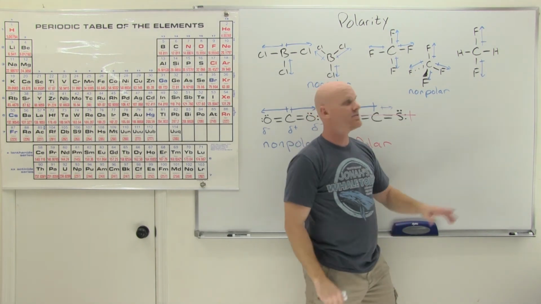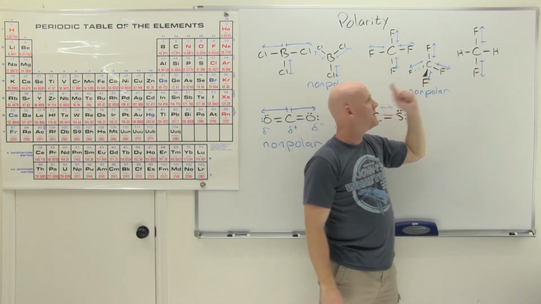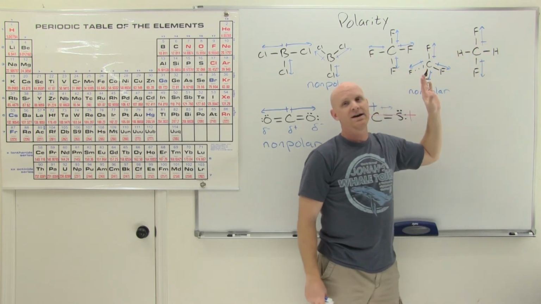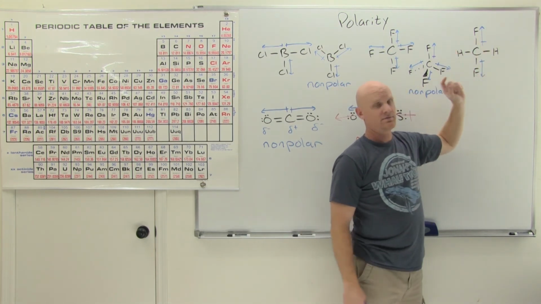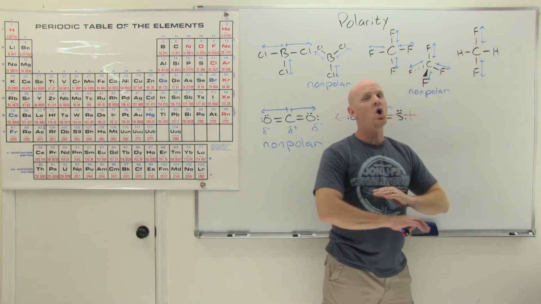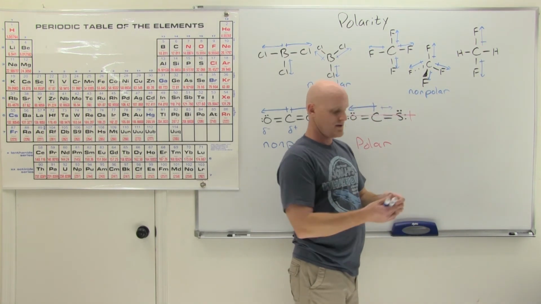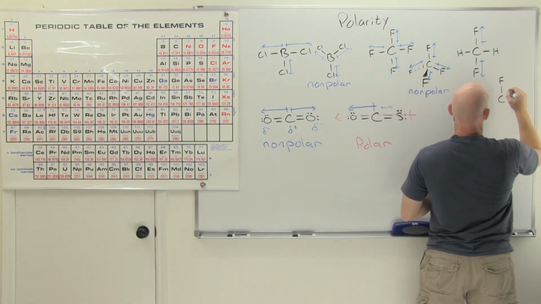Except we've got to remember again that Mr. Lewis is a liar. He makes everything look either 90 or 180. But this is a tetrahedral geometry. It doesn't matter which two of the bonds you choose. Whether I choose these two or these two or these two or these two, they're all 109.5 degrees apart.